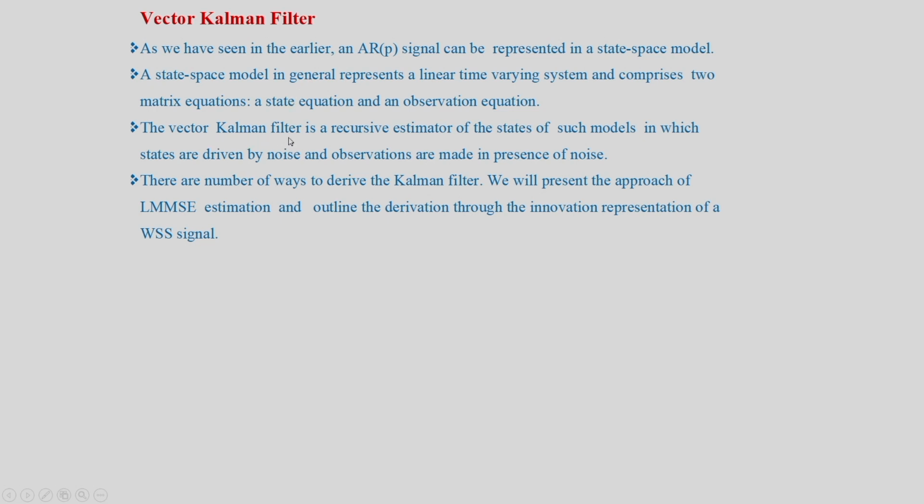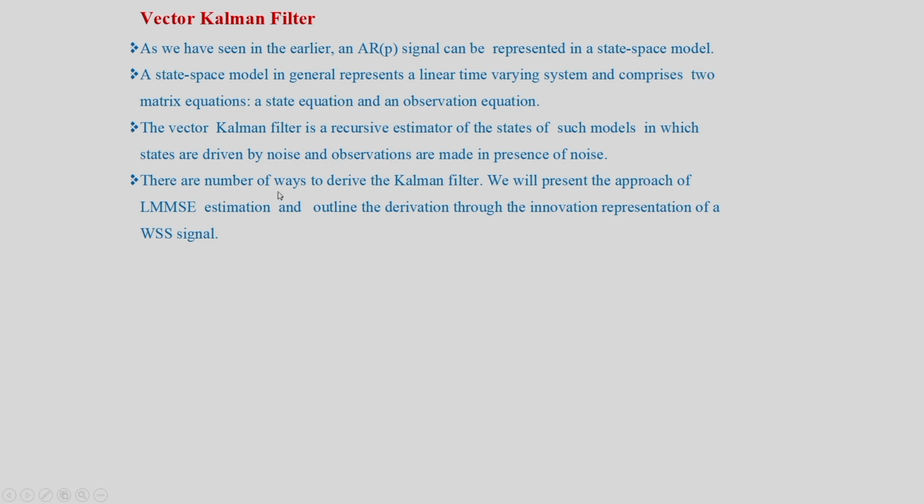The vector Kalman filter is a recursive estimator of the states of such a model in which states are driven by noise. We will show the model. States are driven by noise and observations are made in the presence of noise. So, that way we have noisy observations and we have to estimate the states.